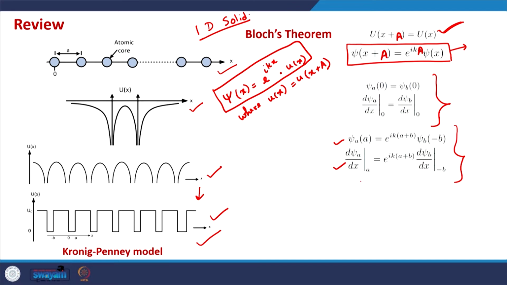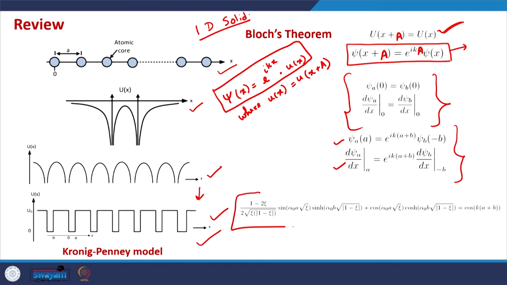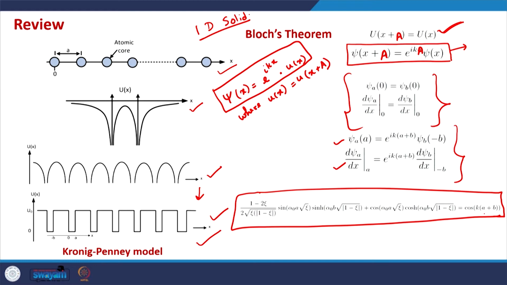After solving for the coefficients in the Schrodinger equation from these 4 boundary conditions, we finally came up with this constraint, or this equation. The solution of this equation will give us the values of energy corresponding to a k value.